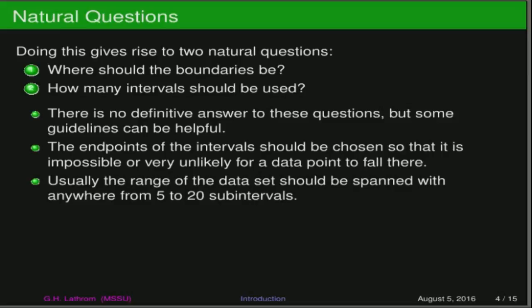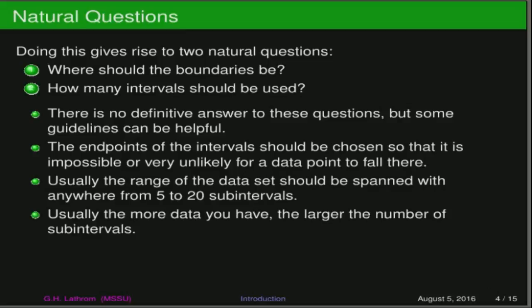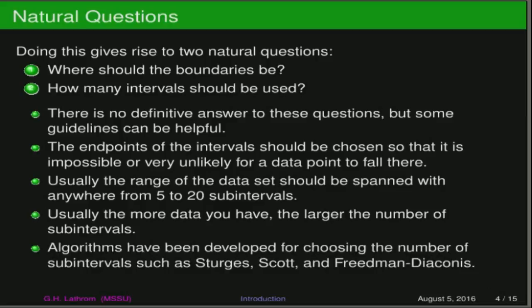Second thing, we probably span our data set with anywhere between 5 to 20 subintervals. Could be more, could be less, but in general, 5 to 20. Usually the more data that you have, the larger the number of subintervals that are going to be okay. And there are algorithms that have been developed for choosing the number of subintervals.